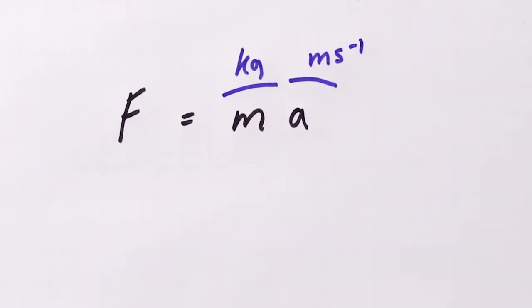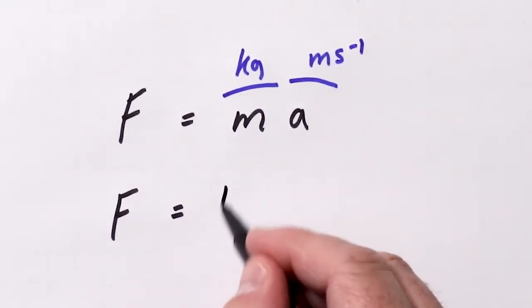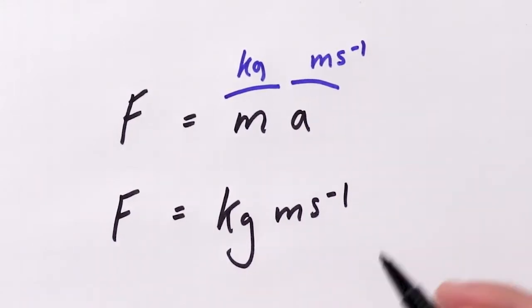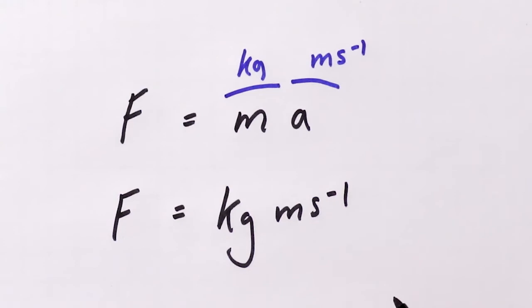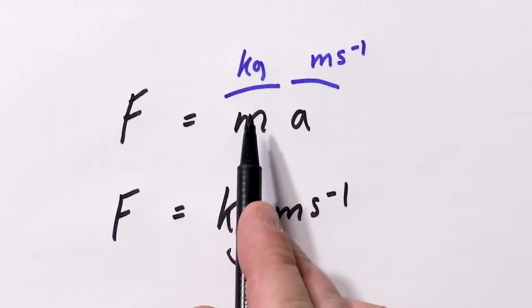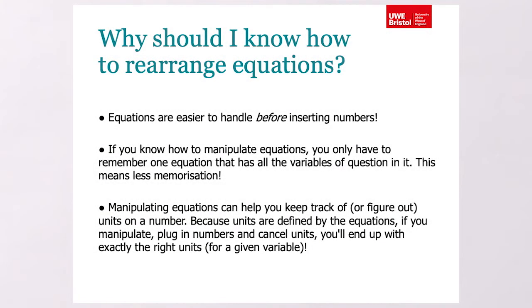Don't worry about that minus 1 at the moment. So it means that force equals kilograms meters per second minus 1, which, some of you will know, is otherwise known as a Newton. But by knowing exactly what units are used in different parts of the equation, when you rearrange it, you will always get your units right at the end.